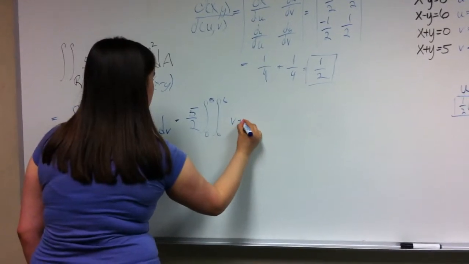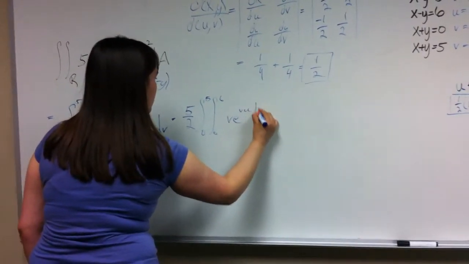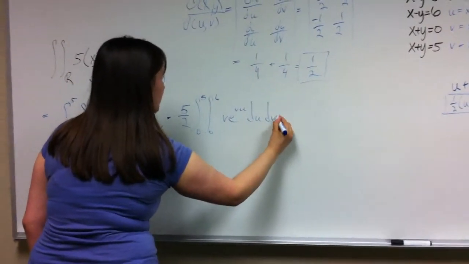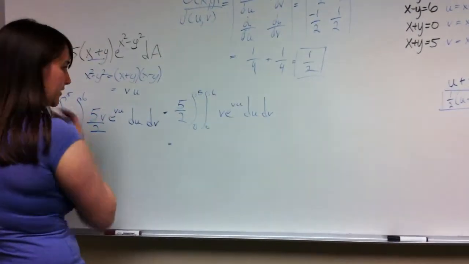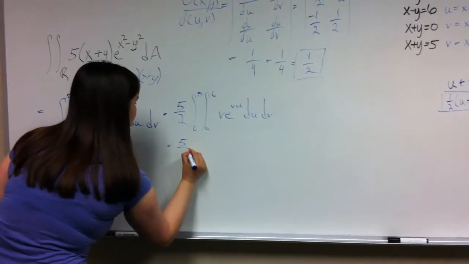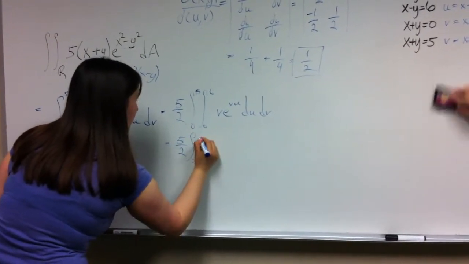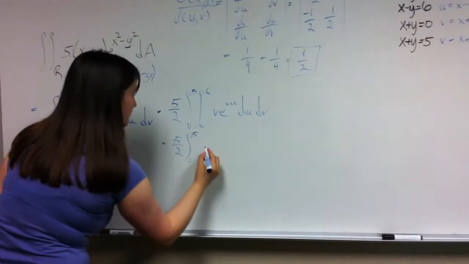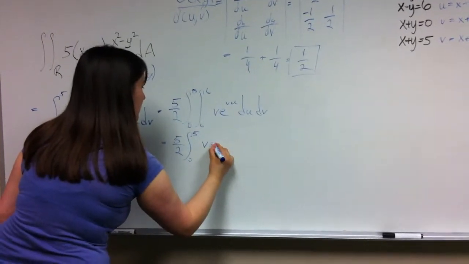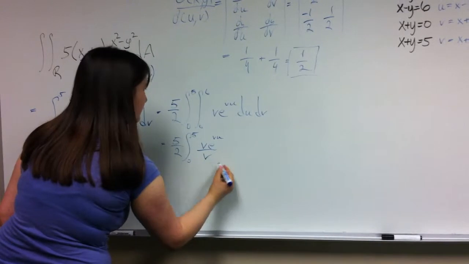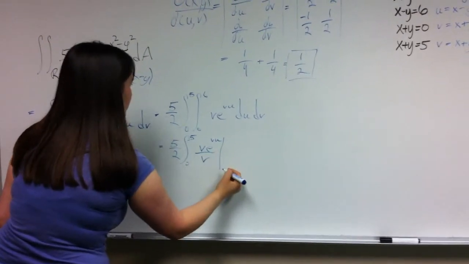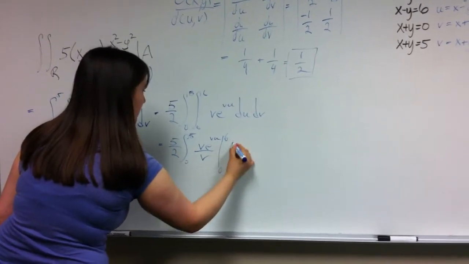And then we'll have v e to the vu du dv, which will equal, when we integrate with respect to u, 5/2 on the outside, the boundary of v from 0 to 5, v e to the vu, and we'll divide by v. And we'll evaluate this from 0 to 6, dv.